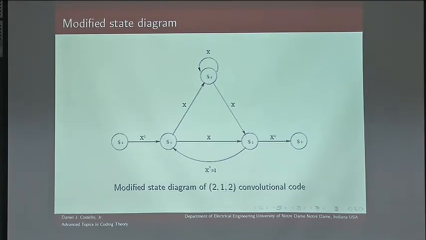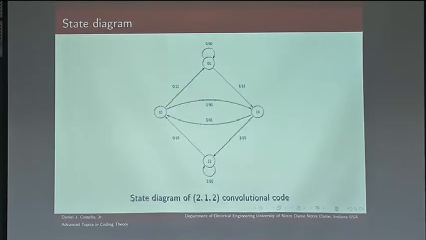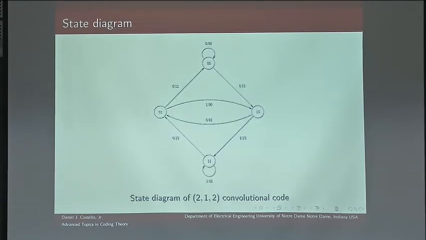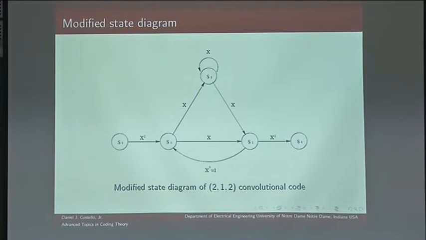Then we've taken the rest of the diagram and redrawn it a little bit. In this case, I've used a generic label for the states S1, S3, and S2, I guess, the binary representation of those states. You don't have to do that.